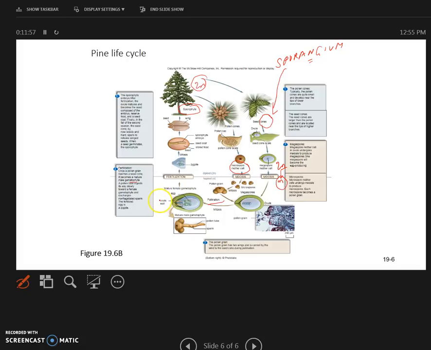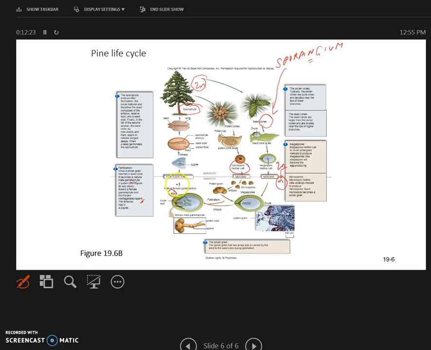The pollen grain is going to germinate, forming a pollen tube. The pollen tube is going to digest its way slowly, and once there, non-flagellated sperm are released from the pollen, and they are going to fertilize the egg that's sitting there.